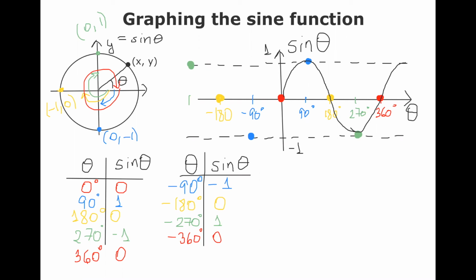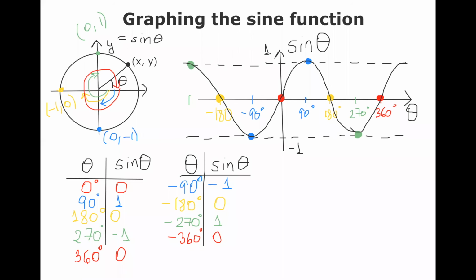So we can complete this graph now. Down and up. As you can see, the sine function forms a wave-like structure. It's usually called a wave function or a periodic function because it repeats in regular intervals, right? It has a fixed period where it repeats itself.